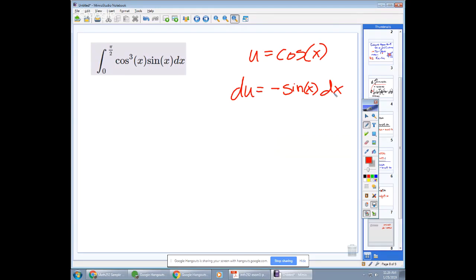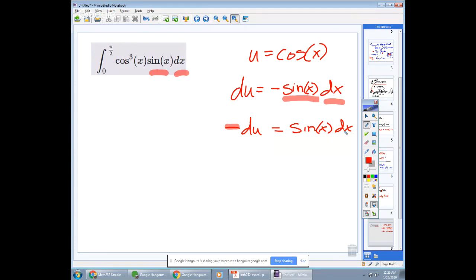So up here, I like to underline stuff. So I have a sine, check. I have dx, check. I don't have the negative. So I think what I'll do for that is just throw the negative on the other side. So call it negative du equals sine of x dx. So that means it'll remind me to put that negative in there.